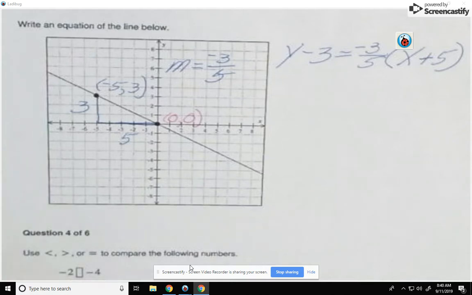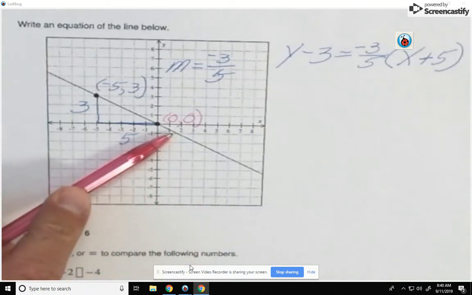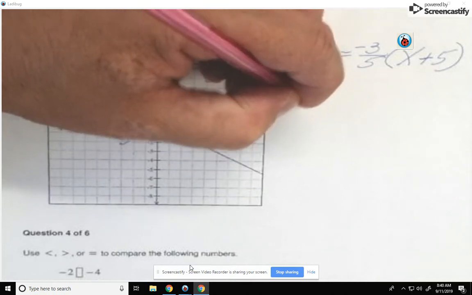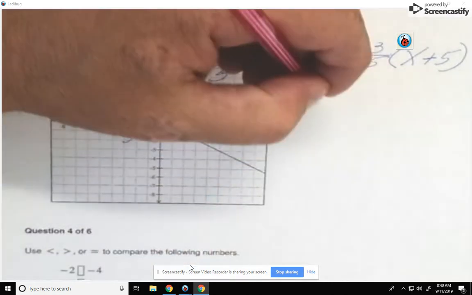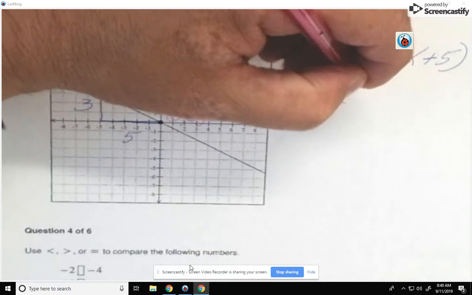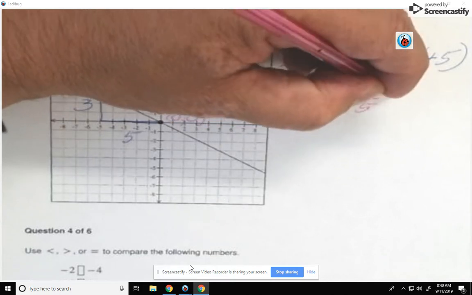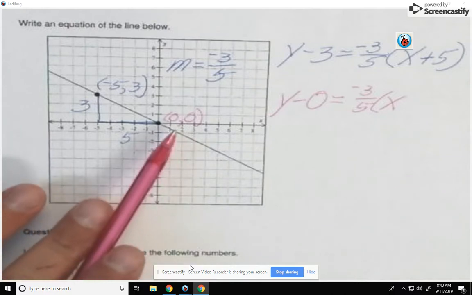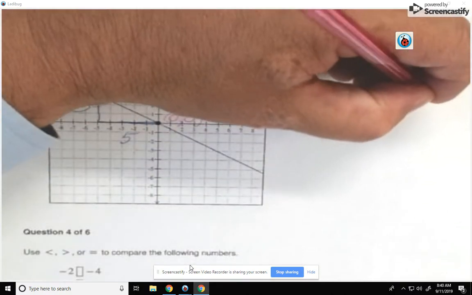If I wanted to use this point here, I could write the equation again. It'd be y minus my y, which is 0, equals my slope of negative 3/5, times (x minus my x, which is 0).